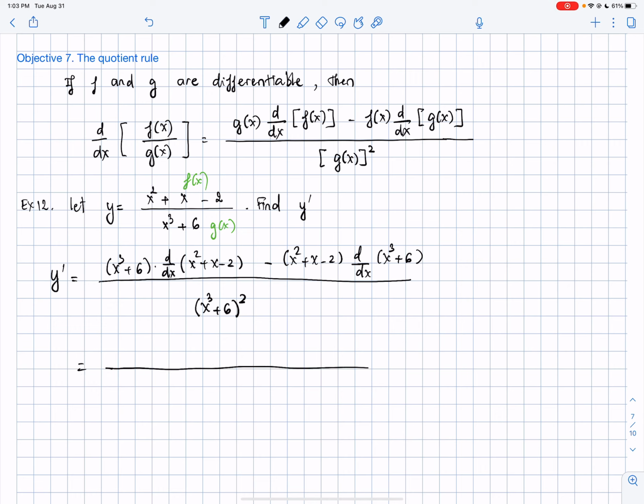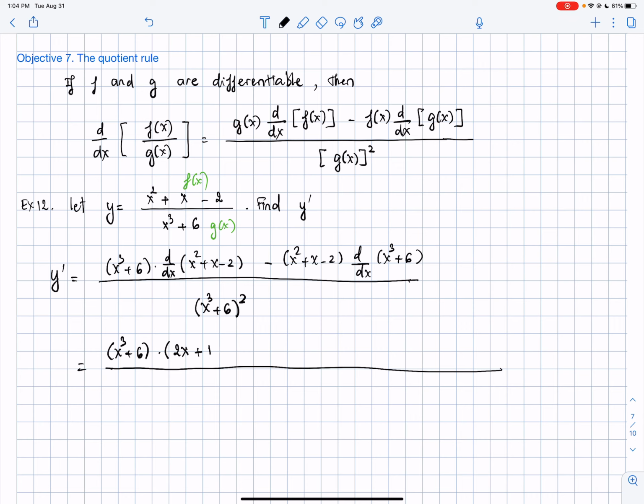Now we need to simplify this. So x cubed plus 6 times the derivative of the polynomial. We just take the derivative one term at a time. So 2x plus 1 minus 0.